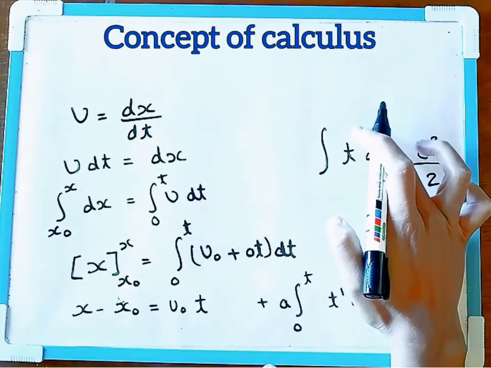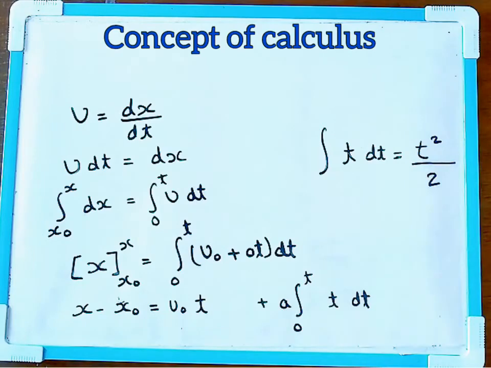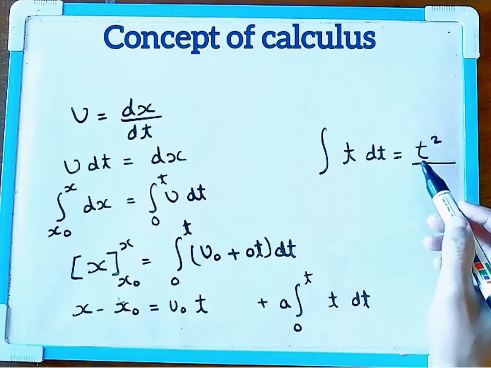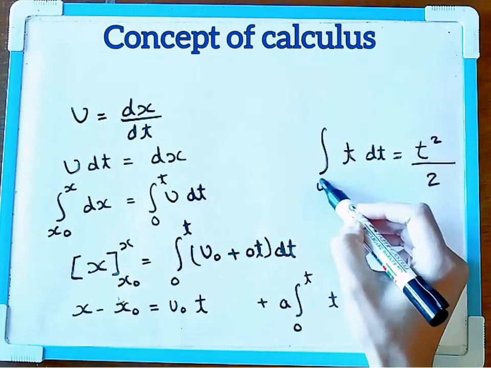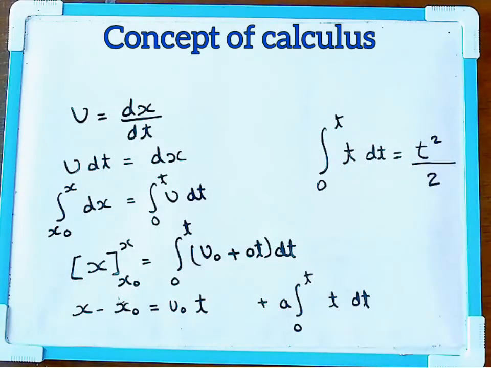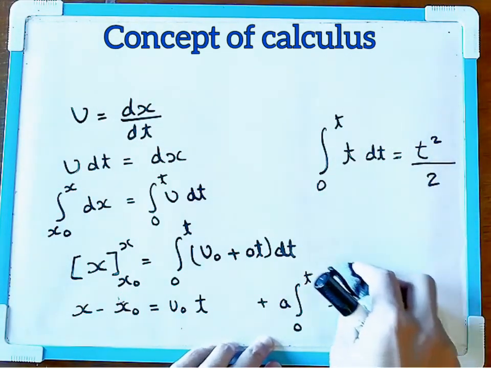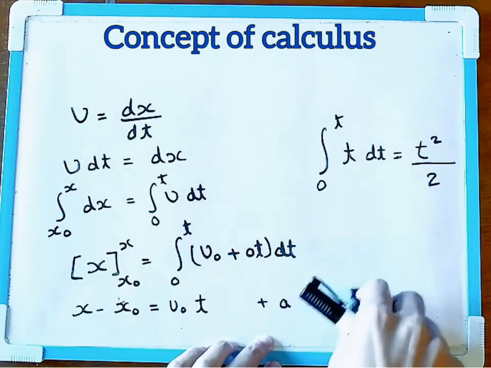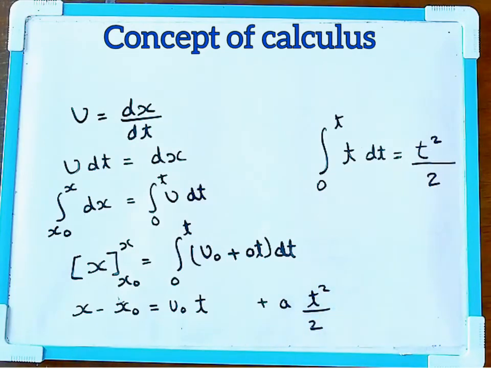So integration of t dt will give you t square by 2, and if you put the upper limit minus the lower limit, you'll get t square by 2 minus 0. With the limit 0 to t, we take t minus 0, which is t itself. So the integration of this will be t square by 2.